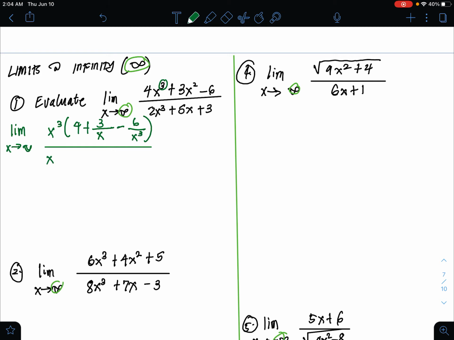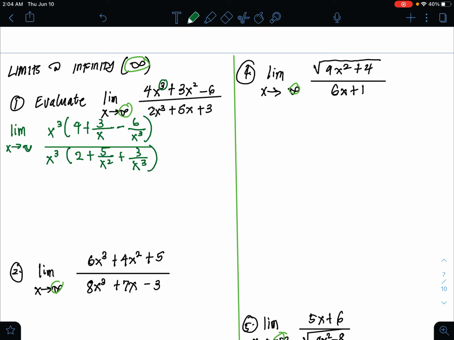Again x cubed is the highest, so x cubed times 2 plus, what do we do to get 5x, so 5 over x squared, and plus 3 over x cubed.